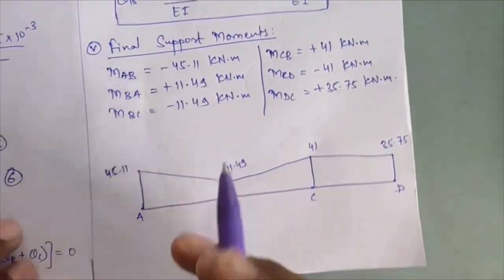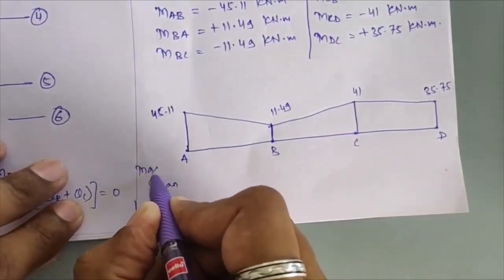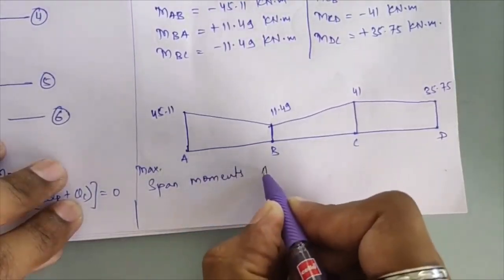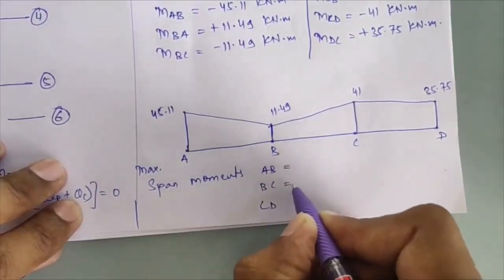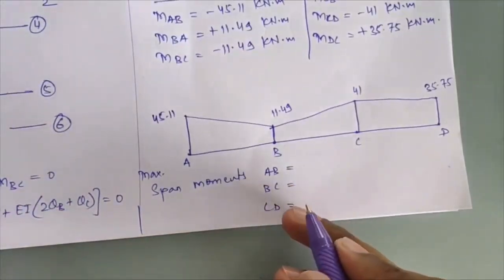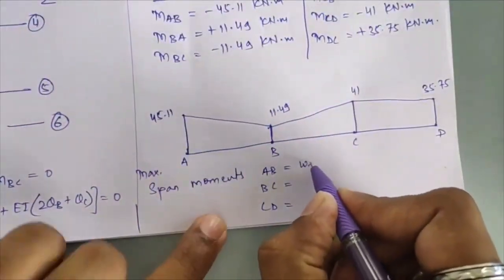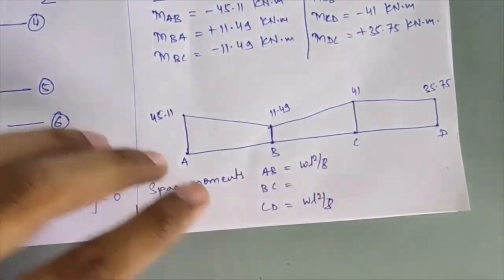Now we have to plot your span moments over there. So span moment will calculate here maximum span moments. Okay, those are for span AB, for span BC, and for span CD over there. Okay, so if you observe the loading, in span AB there is UDL, and in span CD there is UDL over there. So maximum moment here will be WL square divided by 8 and WL square divided by 8 for AB and CD over there.